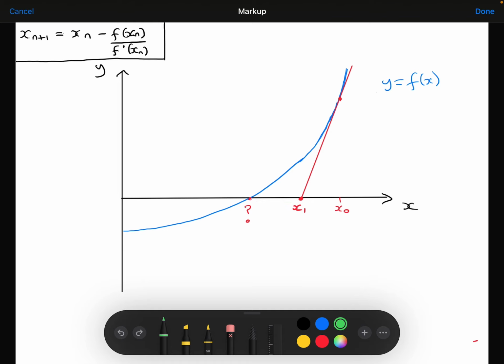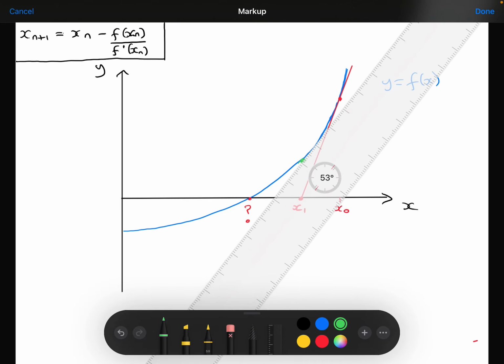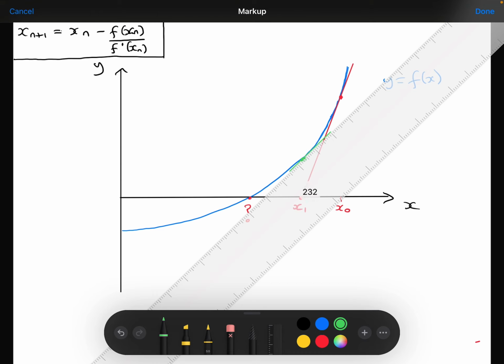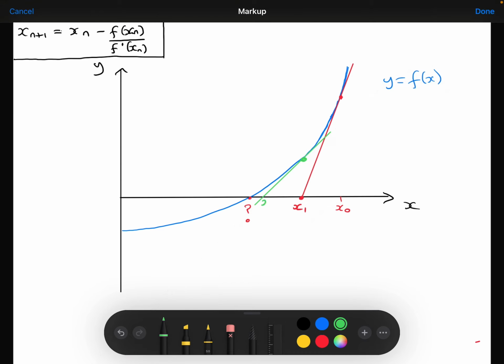So I'm going to now repeat that process. I am going to draw a tangent at x1 here. So that tangent intersects the x-axis here at x2.